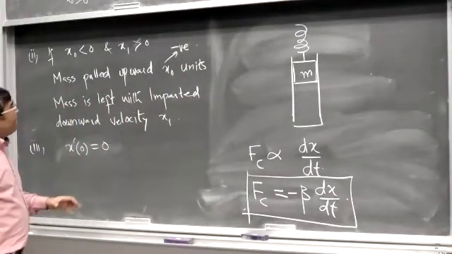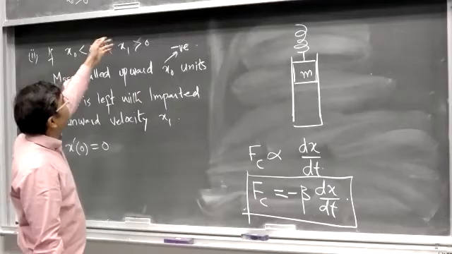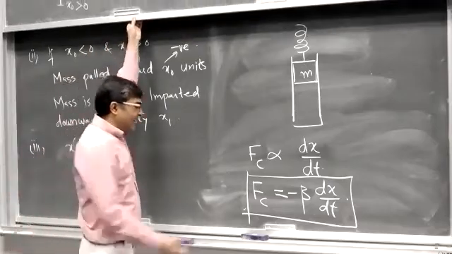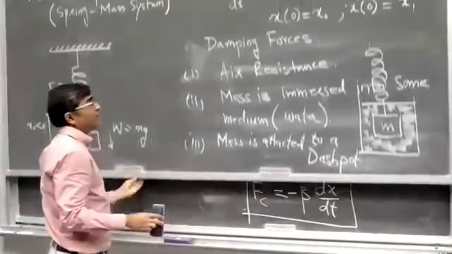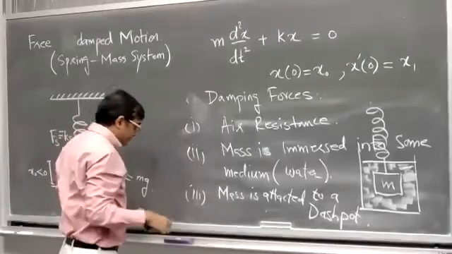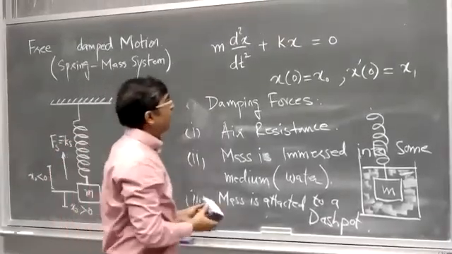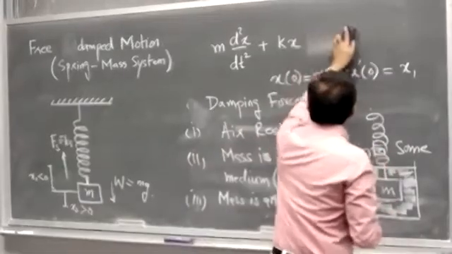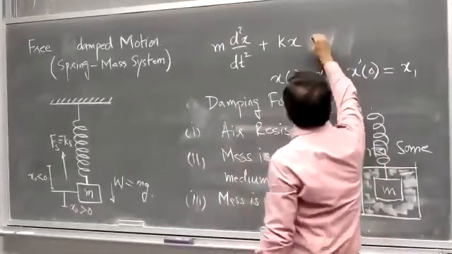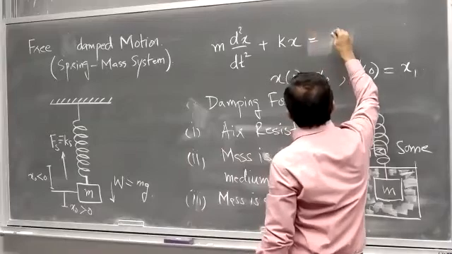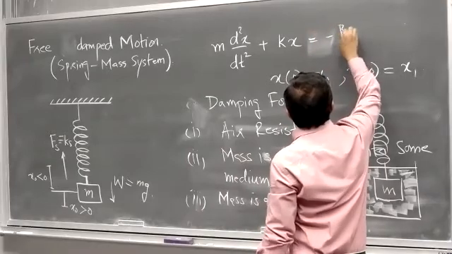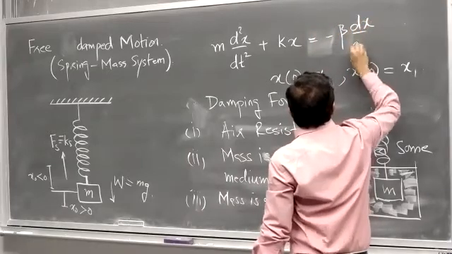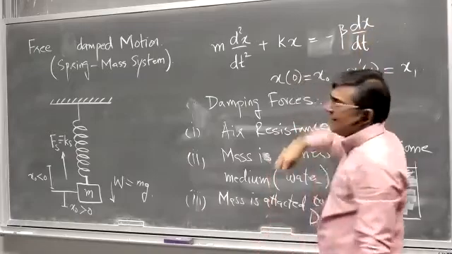Now, if we assume this system has free damped motion, then the equation of motion will become, here we will have another damping force, which is negative beta dx by dt. Okay?